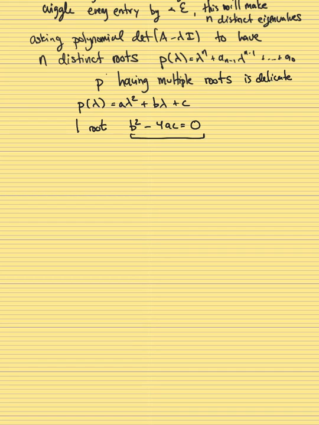You need to exactly hit 0. If I look at b plus epsilon squared minus 4ac, it won't be 0, and I'll have two distinct roots. They might be complex if I pushed it to be less than 0, but it will certainly not be equal to 0. And I can modify a and c as well.